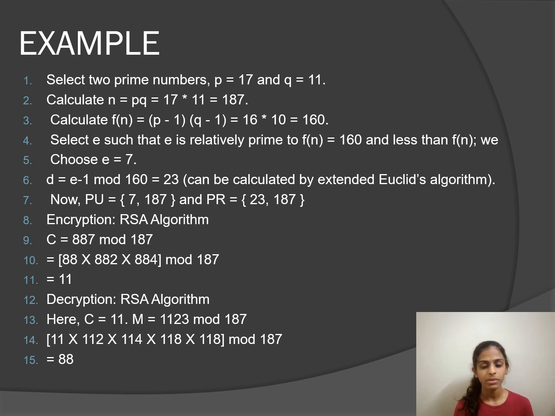So coming to encryption, C is equal to 88 power 7 mod 187, which we get the value as 11. For decryption, here C we get as 11, so we use the above value for C, and we calculate the decryption, which we are going to be getting as 88. So this is a small example of encryption and decryption in the RSA algorithm.